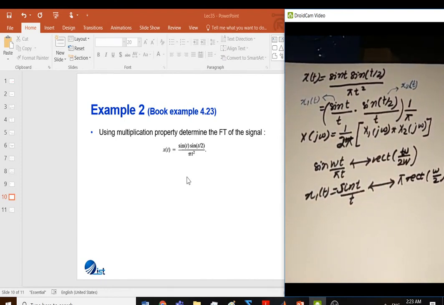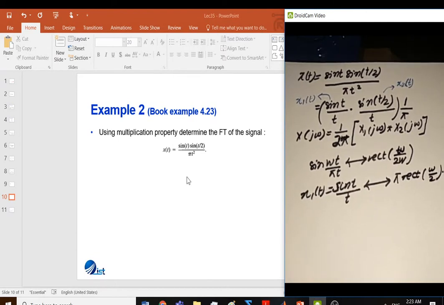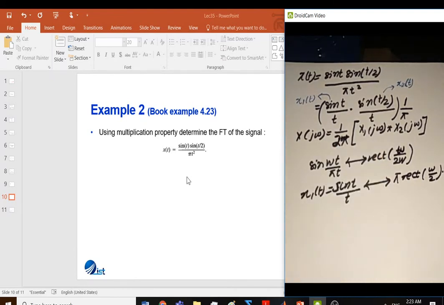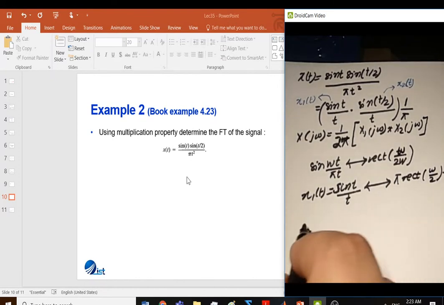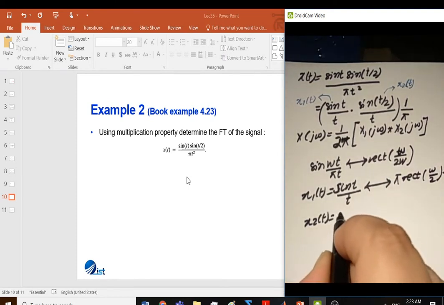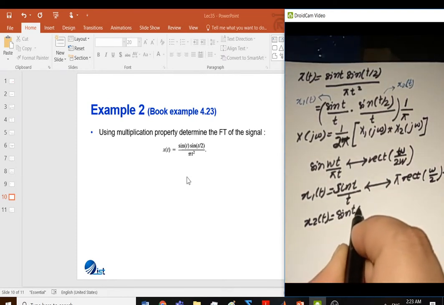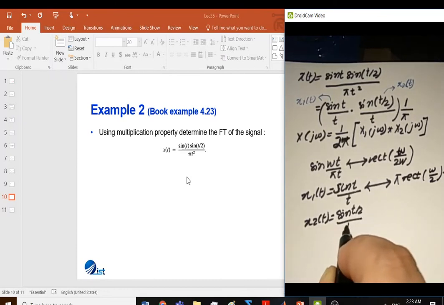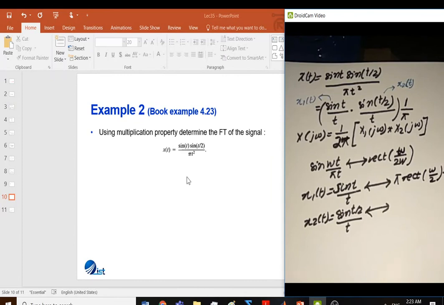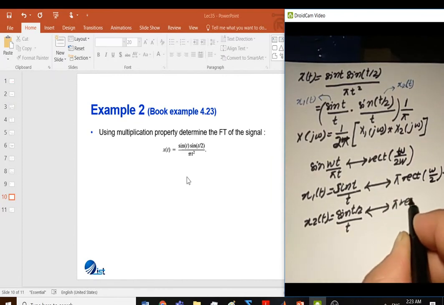So you multiply both sides by pi, pi gets cancelled here and gets multiplied on the right side. For the second time domain function x2 of t, which is sine t by 2 by t, we have pi rect omega.